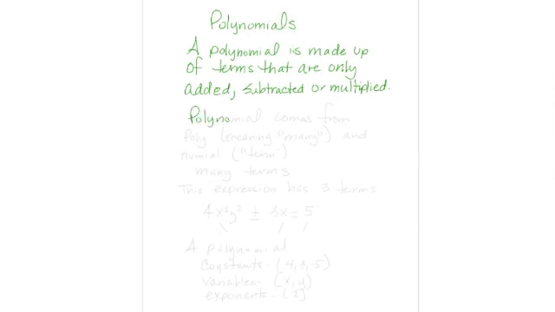Polynomial, the word, comes from poly, meaning many, and nomial, in this case meaning term. So it means many terms.